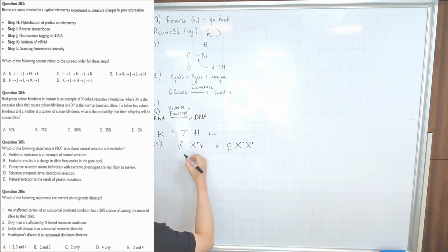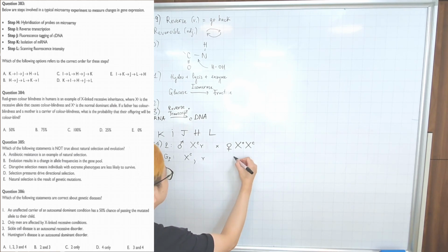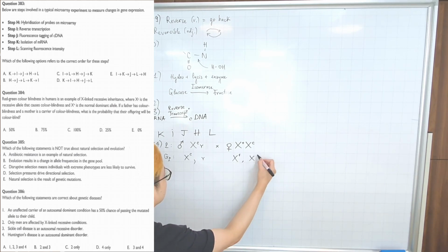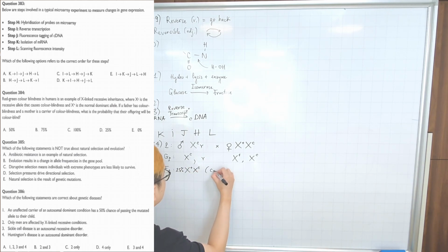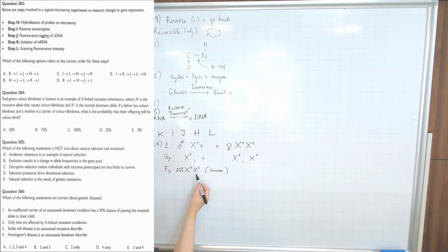So let's see, what do we have? Parent, gamete formation of P. You have Xc, Y, and then X plus and then Xc. And then F1, what do they have? So we have 25%. It's a carrier, but healthy, of course. This girl is healthy, okay? 25%.